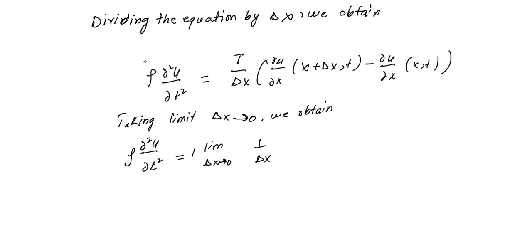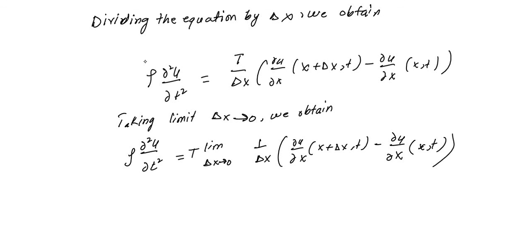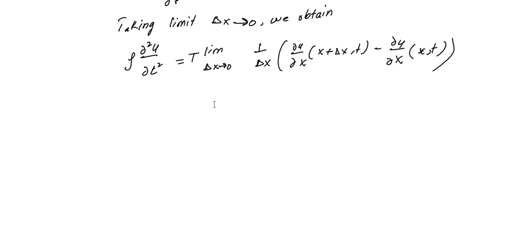I am taking t out of it, so t is here, and the other thing is you have delta u by delta x, then you have x plus delta x, t, and then you have delta u by delta x, and here you have x and t. So you got the definition of the derivative, so the right side becomes t times delta u delta x square.